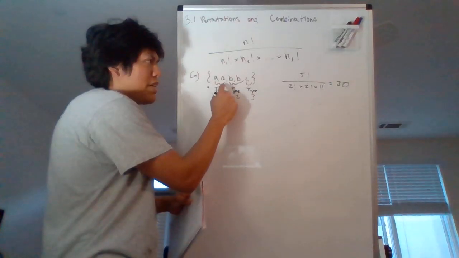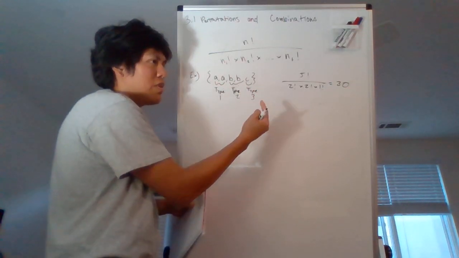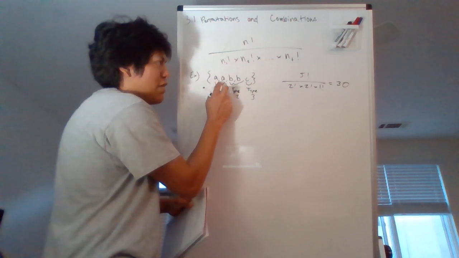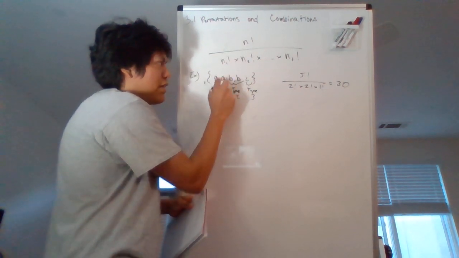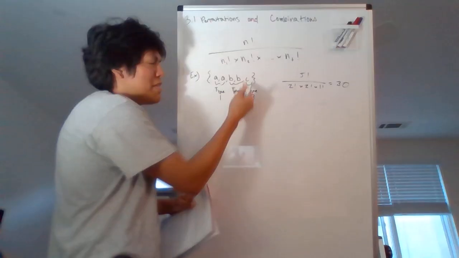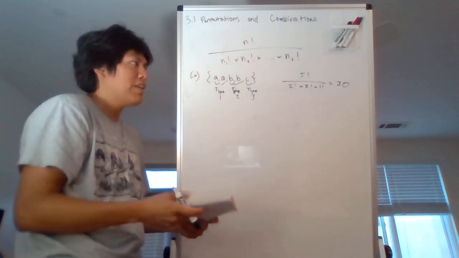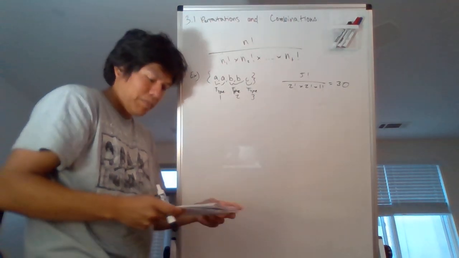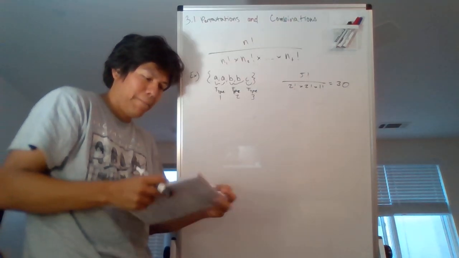A sub 1, A sub 2, B, B, C, that's 1, but then we could flip these A's so this A goes here, this A goes there: A sub 2, A sub 1, B, B, C, that's still different. So again, there are 30 possible ways of rearranging these 5 elements. Okay.